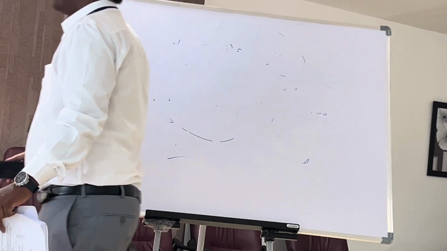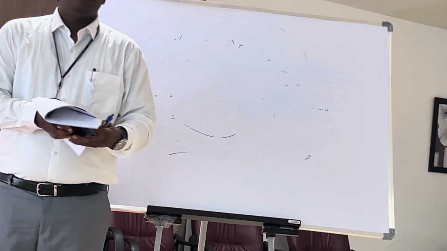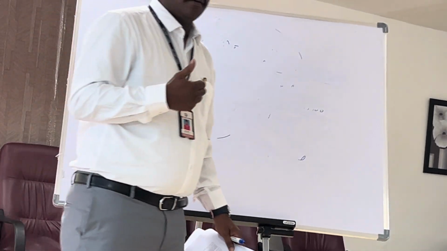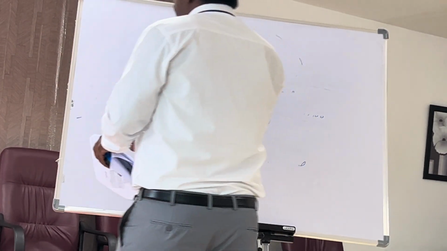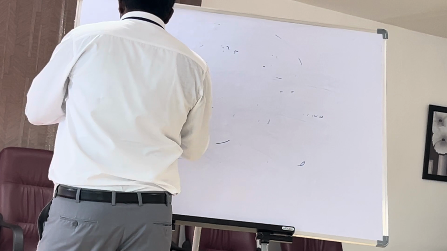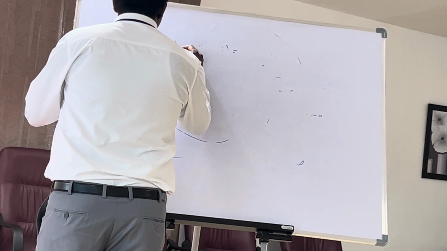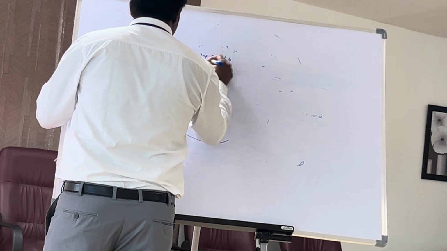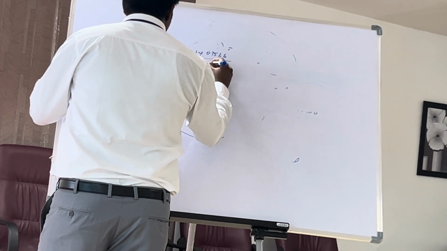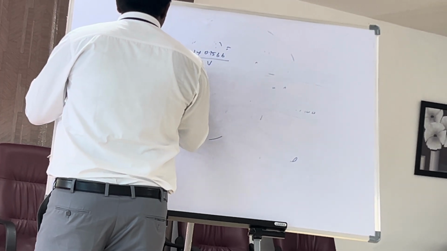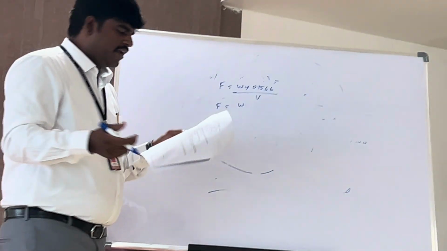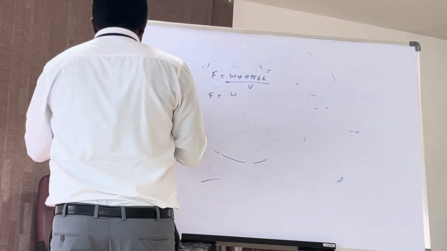Then next, how do we calculate the KF? If you need to determine the KF, first we need to determine the factor. The factor is equal to W into 0.1566 divided by V. Here W is the weight of disodium carbonate, the quantity we have taken.